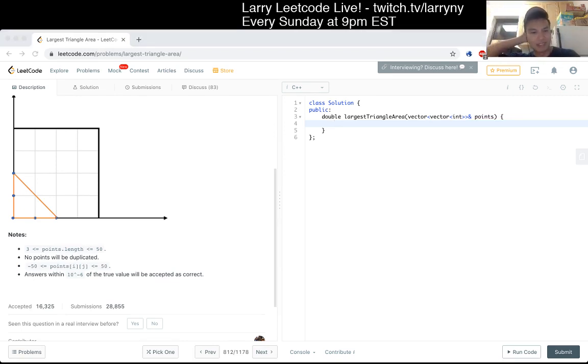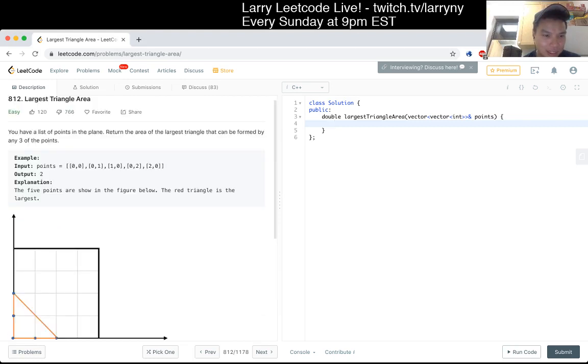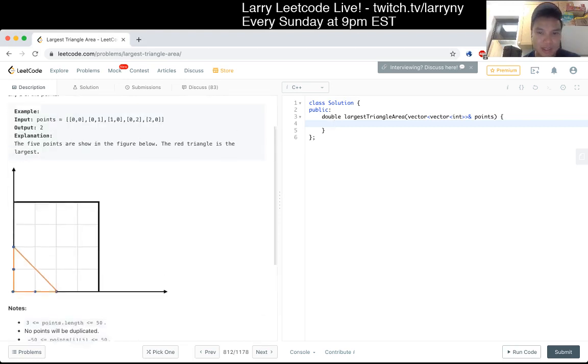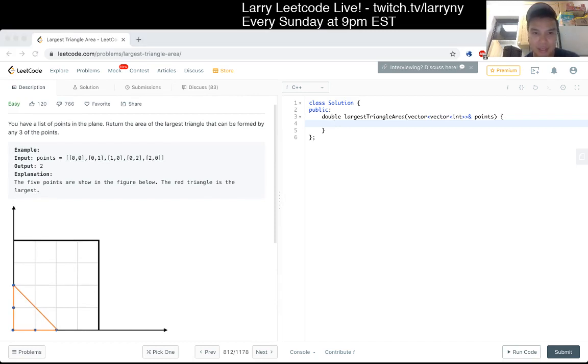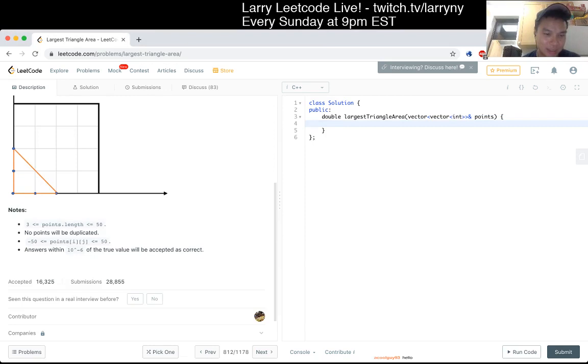So I think the area of a triangle is, I forget what the name of these things are called, but I guess only one of these is the origin. But yeah, you basically take... Okay, but I think since n is 50, you could literally just brute force it.